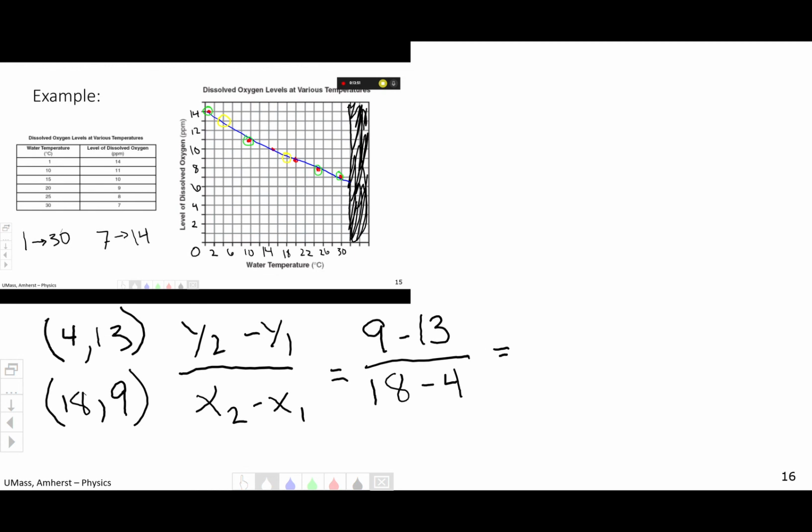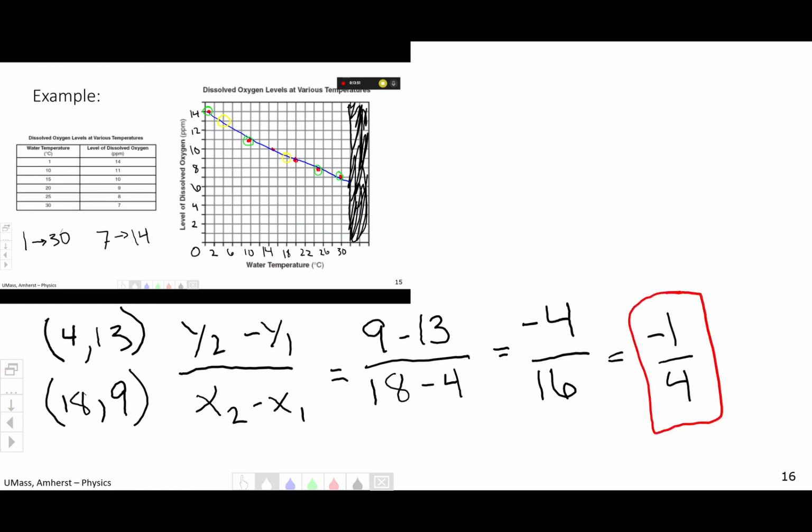So 9 minus 13 is a negative 4, and 18 minus 4 is 16, which reduces to a negative 1/4 slope. So that is our slope.